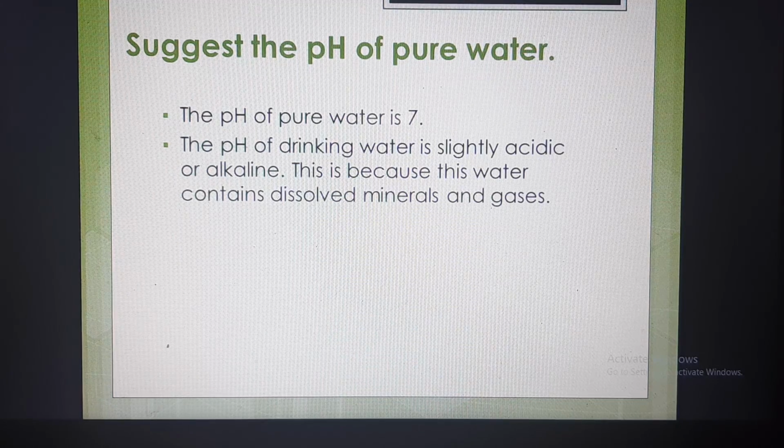So if we add some minerals or gases to drinking water, the pH will change slightly. Depending on the minerals or gases in it, the pH of drinking water is slightly alkaline or slightly acidic.